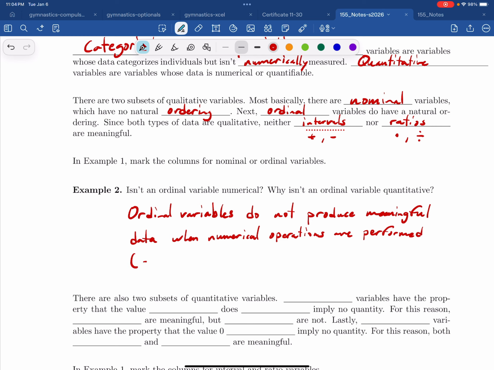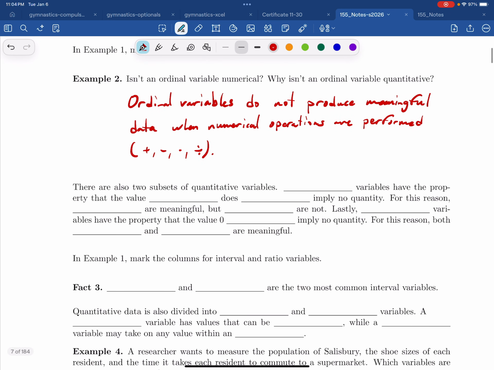For example, plus, minus, multiplying, dividing. So they're not numerical, right?